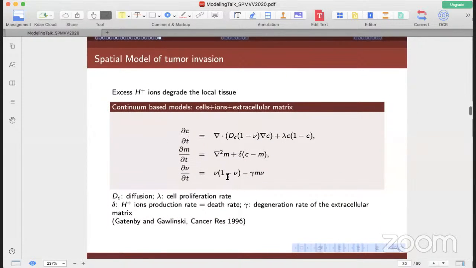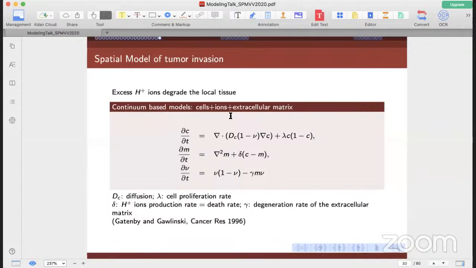Now here we have more than one component. That is, C is the cells, where maybe there is a typo. Let me see. So H plus ions, yes, that is H plus ions. This has a rate, and gamma is the degeneration of the extracellular matrix.